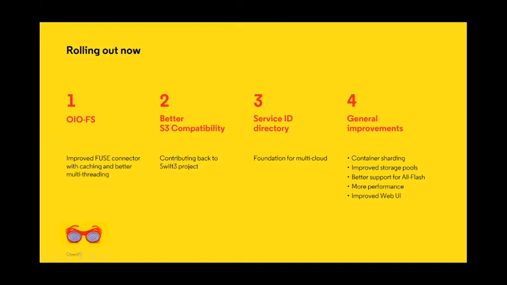We are also building a service ID directory, which is the foundation for the multi-cloud that I will talk about later. The service ID directory is a major architecture change for us. Up to now, we had all the services on fixed TCP ports, and the IP of the node can't change when you configure it.